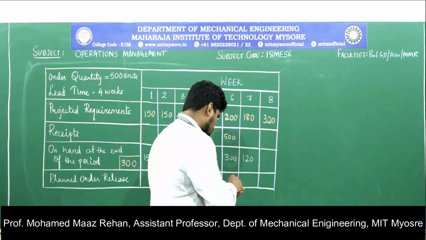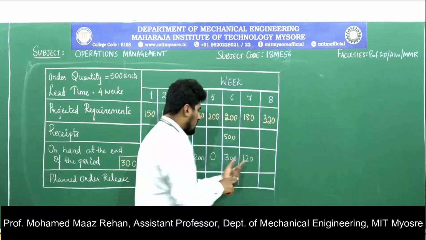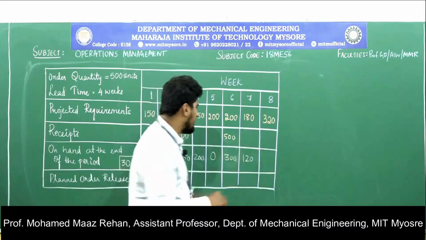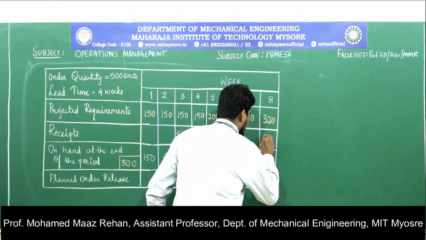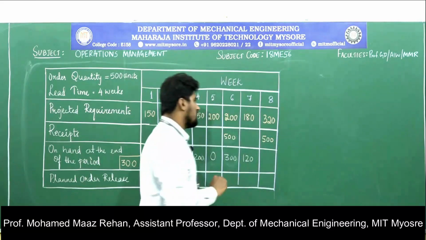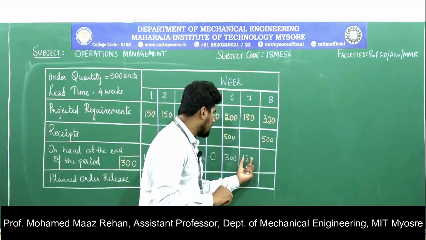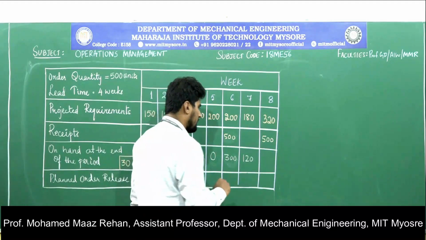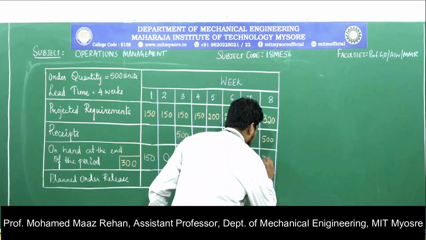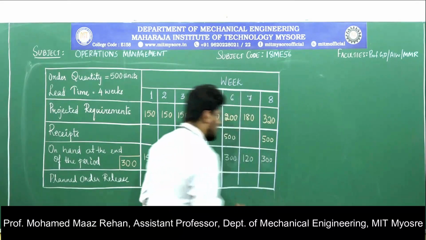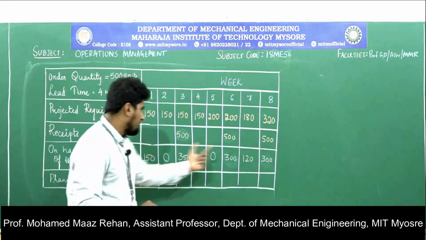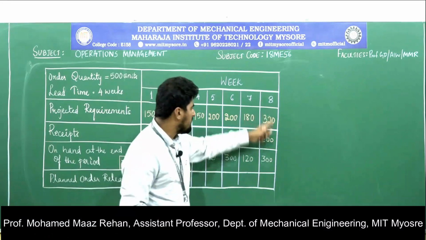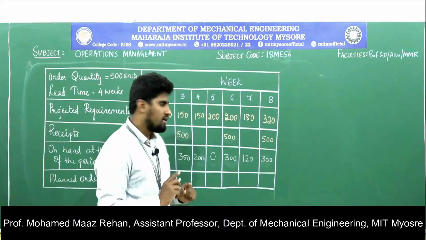Again, on hand you have 120 units, but the demand for week 8 is 320, so you should have 500 units. 120 plus 500 minus 320 gives 300 units. So in the 6th week you should have 500 units, and in the 8th week you should have 500 units.